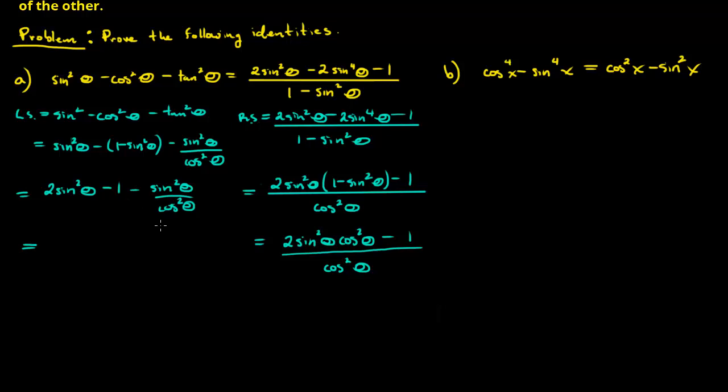This looks pretty similar, but notice that everything here is written with a common denominator. So one of the things I can do is divide each of these terms individually by cos squared theta.